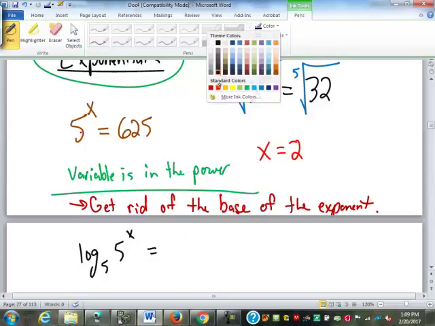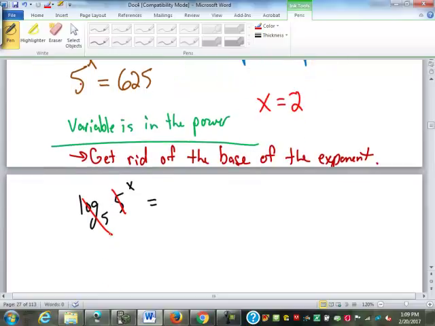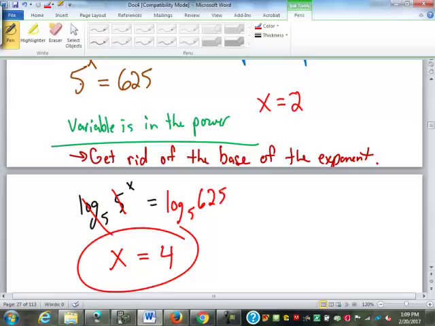The log base 5 and 5 to the power of x cancel out, and we're left with just x. So you've got log base 5 of 625, which is 4. When you guys come back from your conference, this is what we're going to be talking about, is exponents.